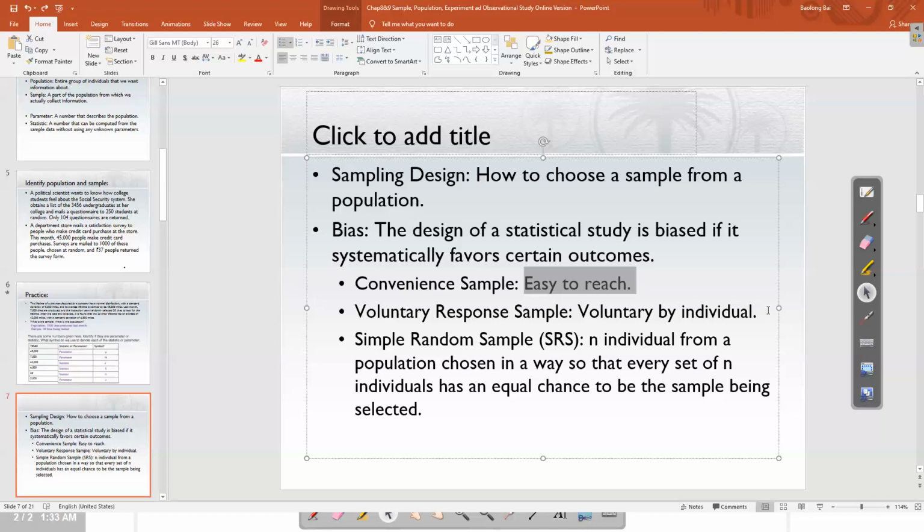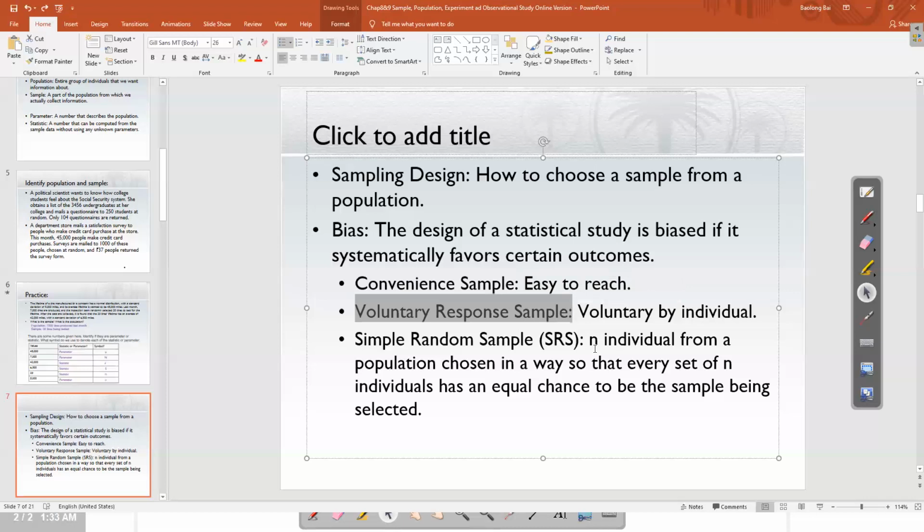Next example is voluntary response sample. Okay, so from the name, basically, it's voluntary, and voluntary by whom? By the participants. So it's up to the individual to decide if they want to be part of the study or not. And most of us have been part of a voluntary response sample.